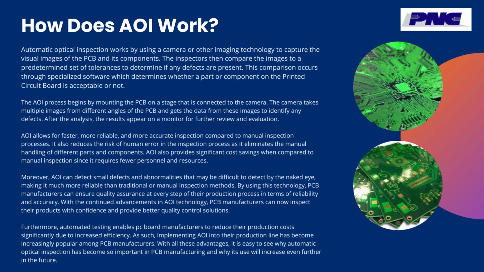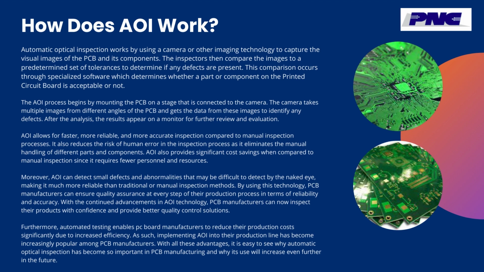The AOI process begins by mounting the PCB on a stage that is connected to the camera. The camera takes multiple images from different angles of the PCB and gets the data from these images to identify any defects. After the analysis, the results appear on a monitor for further review and evaluation.